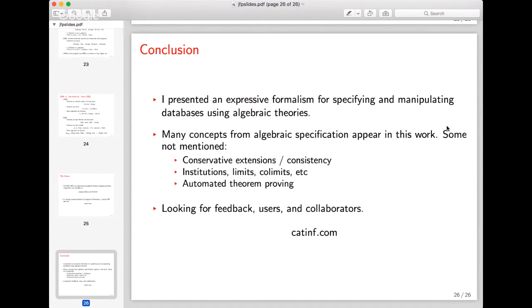And it's the basis of the FQL tool, and there's a bunch of papers, well, 2 papers, Algebraic Databases and the equational formalism paper that you can get to from our website, cadinf.com. There's all kinds of interesting things going on here that I didn't talk about, like there are connections with automated theorem proving, and these things called institutions, which are like categorical notions of logics and conservative extensions and all kinds of cool stuff. So anyway, thanks everyone.